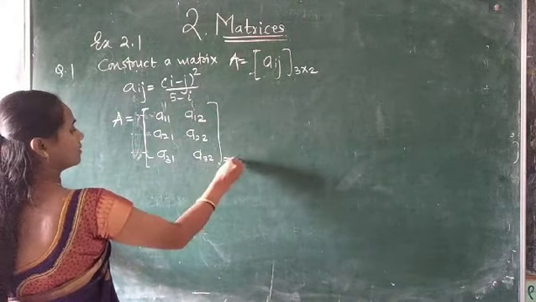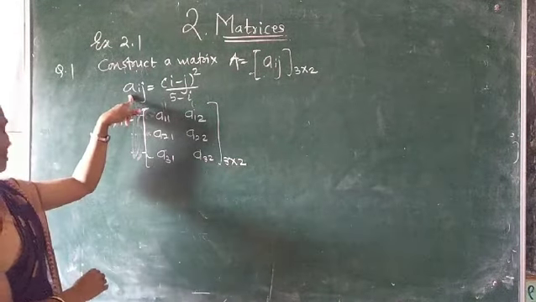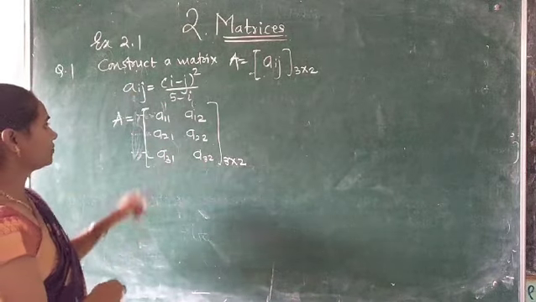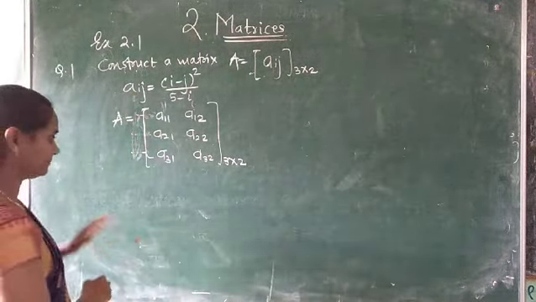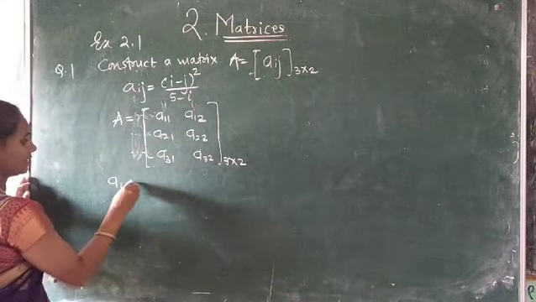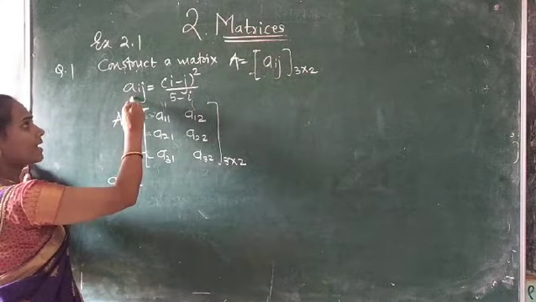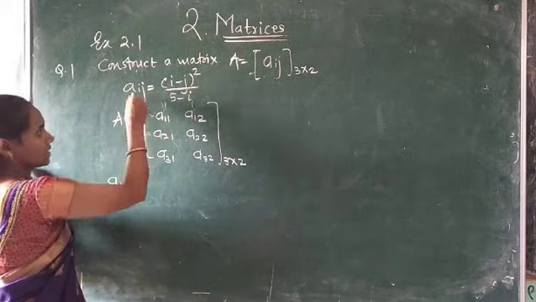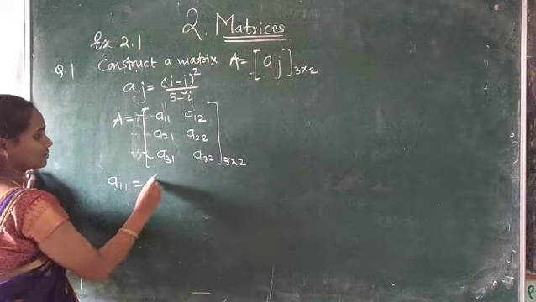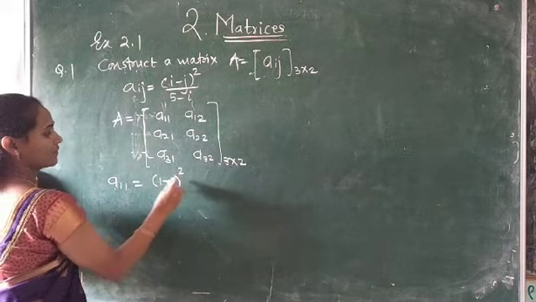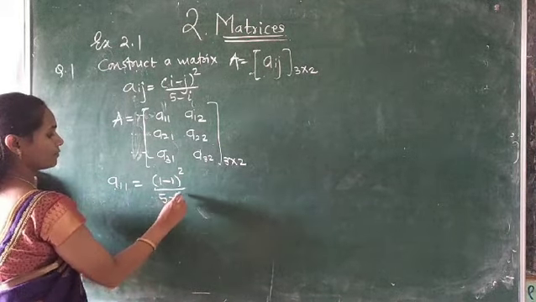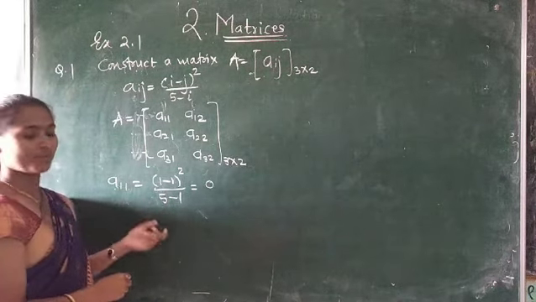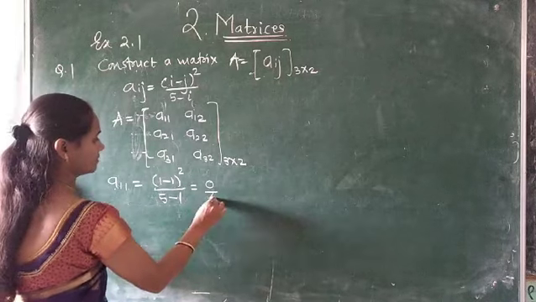Now by using this condition, Aij, we have to find all these elements. First we find A11. Here Aij is (i minus j) whole square divided by 5 minus i, and i and j both are 1. So (1 minus 1) square divided by 5 minus 1; 1 minus 1 is 0, so 0 upon 4 is 0.